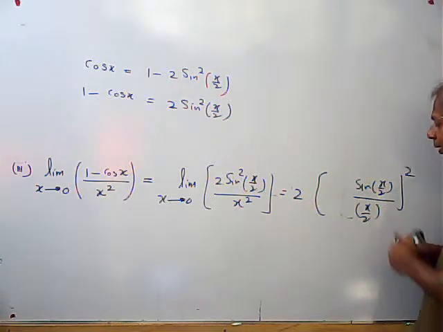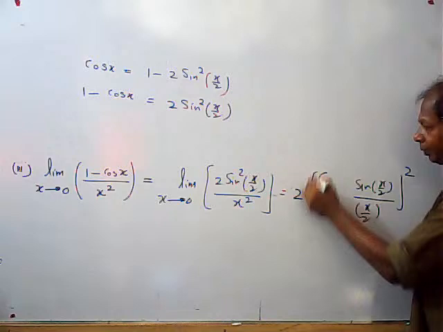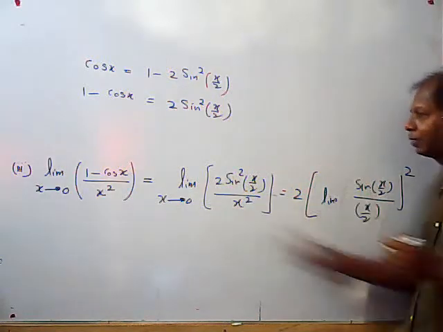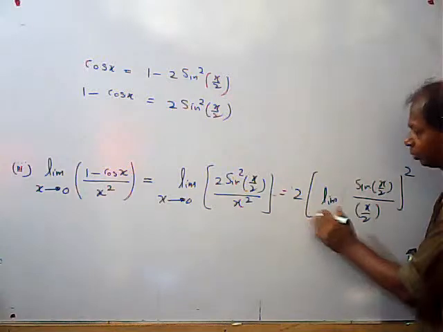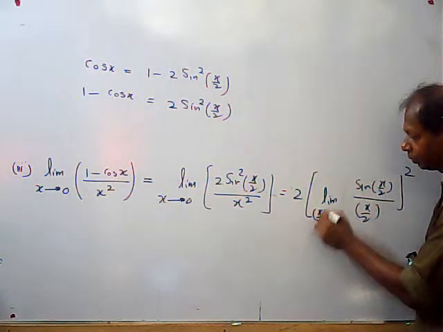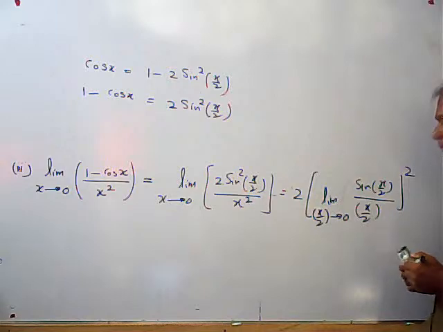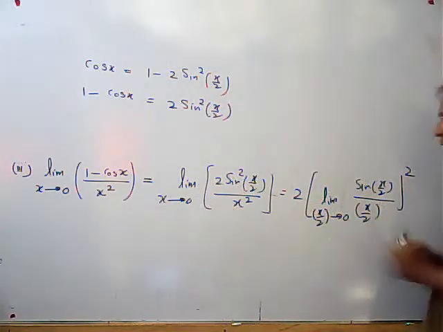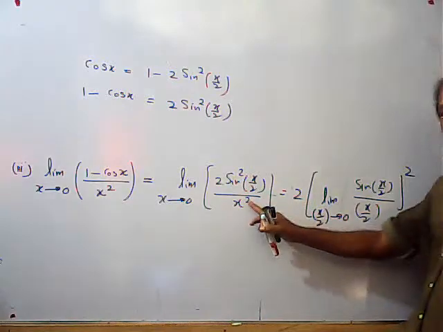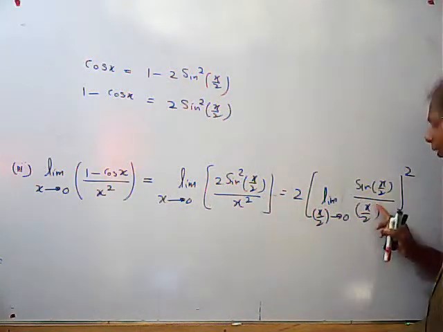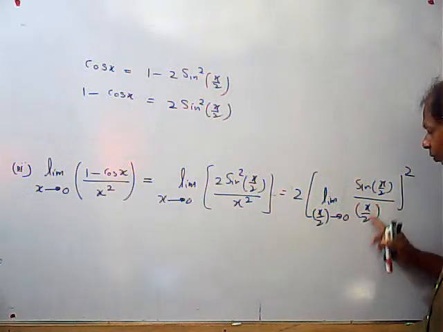So we write that, and then the limit has to be, you are given x goes to 0, but it has to be changed to x over 2 goes to 0. Okay, and square of everything. You are given just x squared. It looks like we have written x squared over 4. The square of this, x squared over 4.